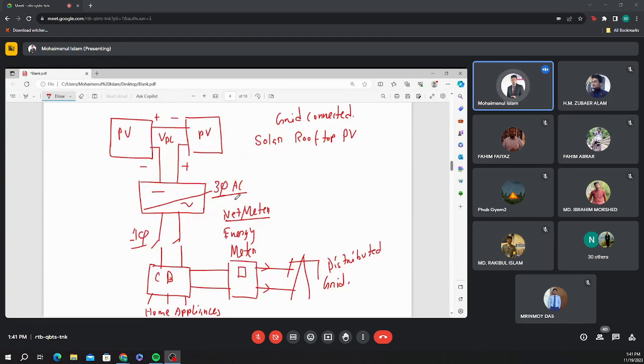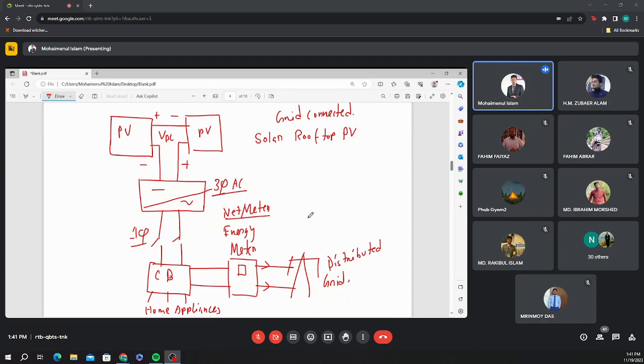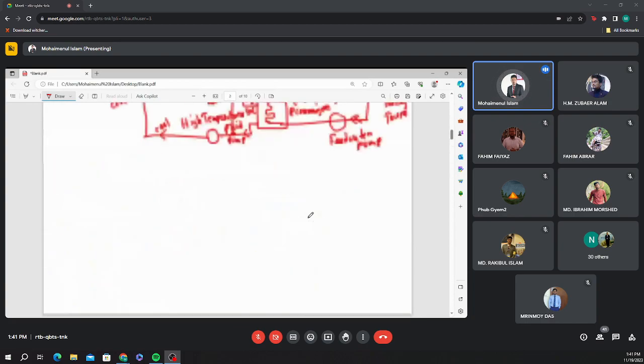And if you have a big power plant, you need to convert it into 3-phase. After getting the 3-phase AC output, you need a transformer to step up the voltage to match the required parameters of the grid, okay? So that's all for today's lecture.